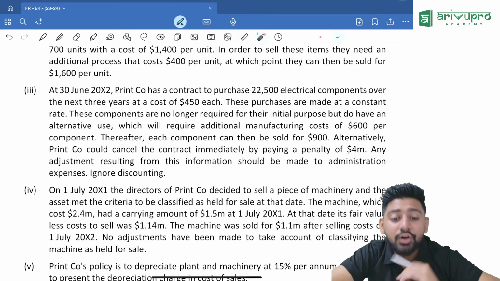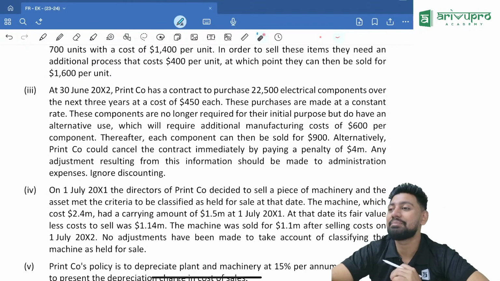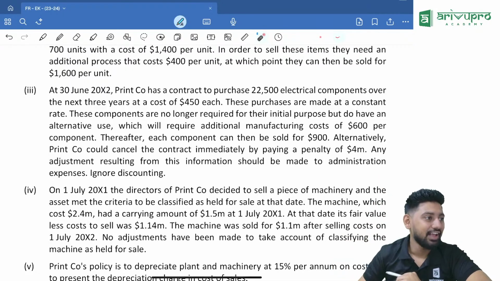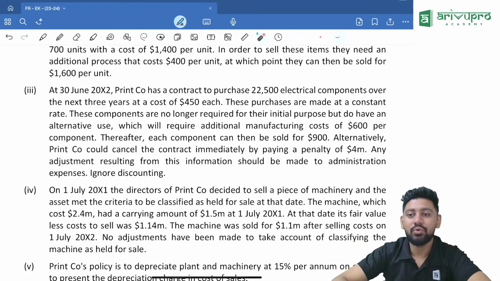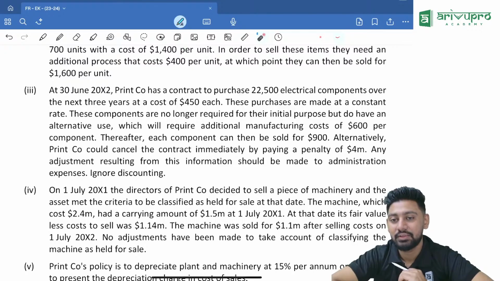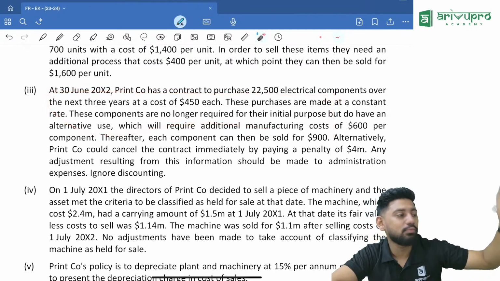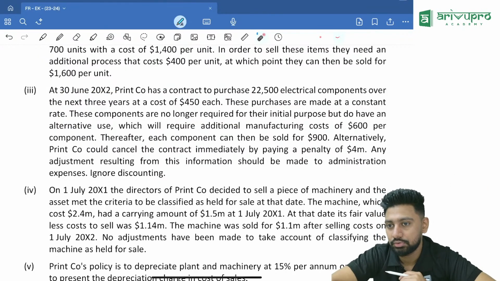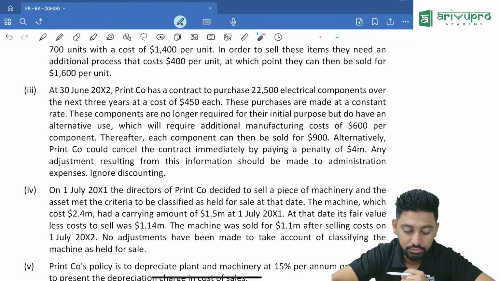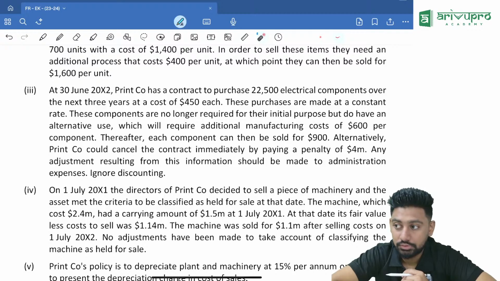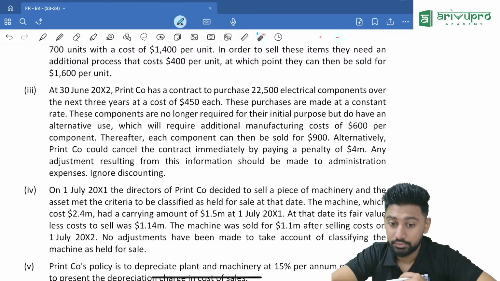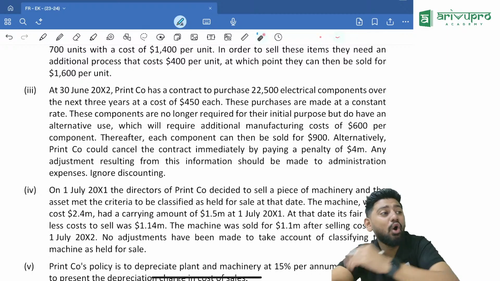These components are no longer required for their initial purpose. Okay, now what is happening? As you agreed to this, now you don't have a purpose out of it. Meaning your initial purpose is not there anymore. So that is out. But they do have an alternative use.